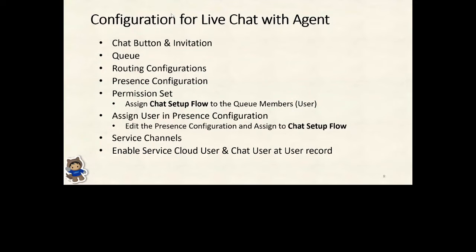It needs a permission set for assigning the chat setup flow to queue members, assigning users in the presence configurations, and service channels, and finally the users who will actually be using these as a chat advocate or the end user. These are the things needed to chat with the live agent and the end user. We'll talk about everything one by one during our demo. So over to Odangsu.